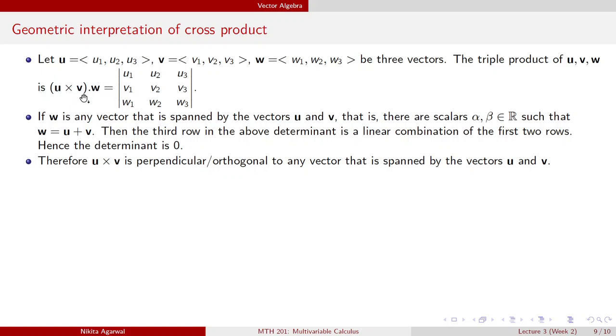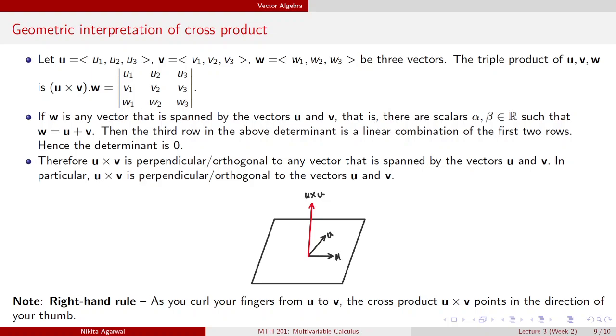Therefore, U cross V is perpendicular to that vector, right? Dot product 0 means the vectors are perpendicular to each other. So we have this picture, right? U cross V is perpendicular to any linear combination of U and V. Therefore, in particular, it is perpendicular to both the vectors U and V.